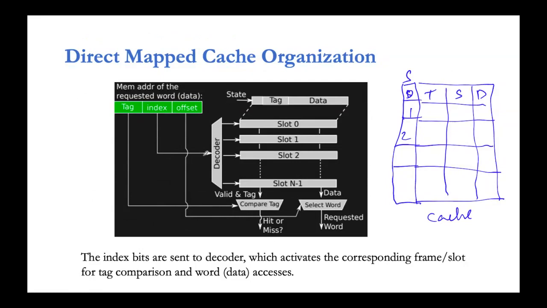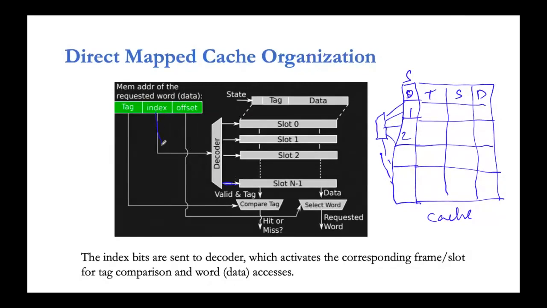Those index bits are given as an input to a hardware component, the decoder. This decoder is connected to every frame, or every slot, of your cache. Once the index is given as an input, the decoder will select the valid tag.